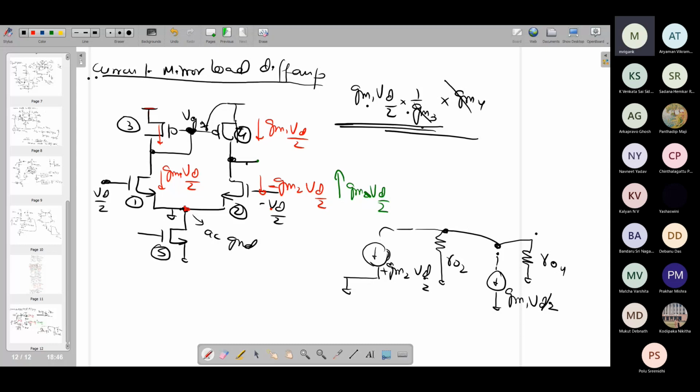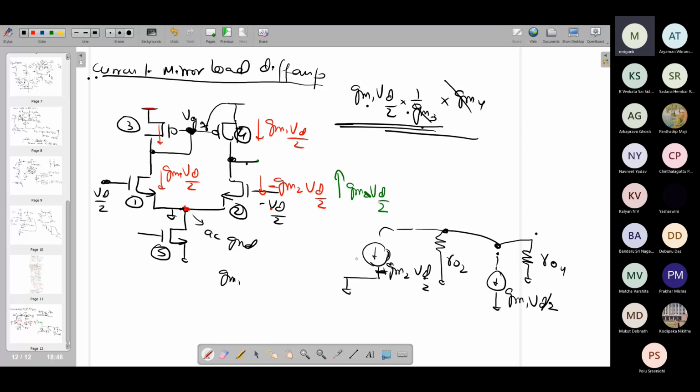And therefore, if I look at the overall current flowing through the combination of the RO4 and RO2, it is going to be the summation of basically these two terms, which is going to give you gm1 VD by 2 and gm2 VD by 2 together, right?